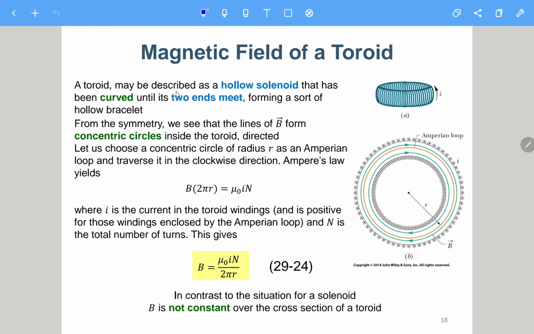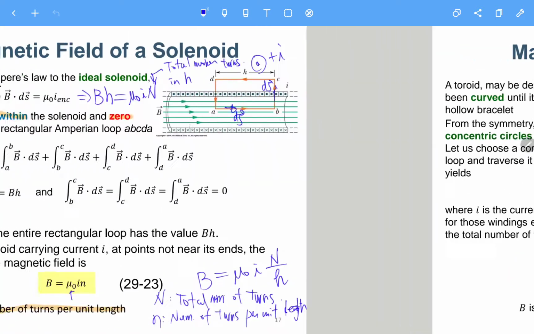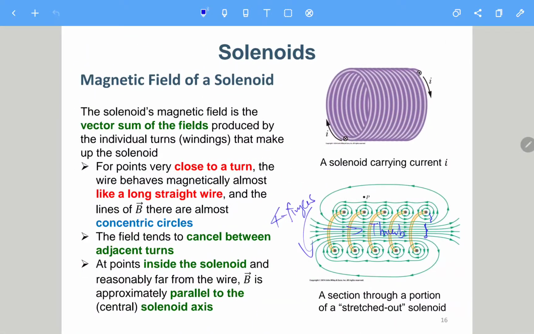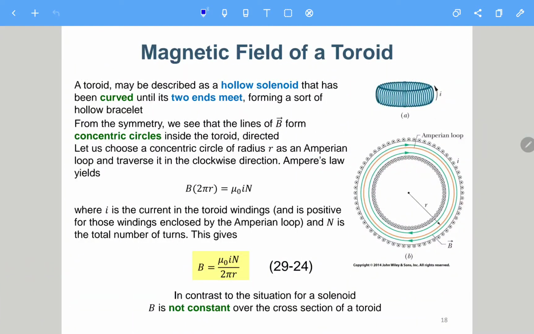So a toroid may be described as a hollow solenoid that has been curved until its two ends meet each other, forming a sort of hollow ring, like a bracelet. So suppose this one is much longer, and then you try to connect this part to here, so it becomes a shape like this.